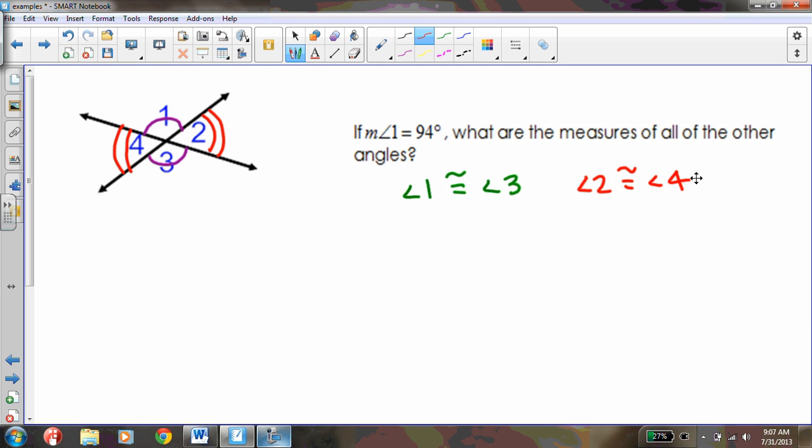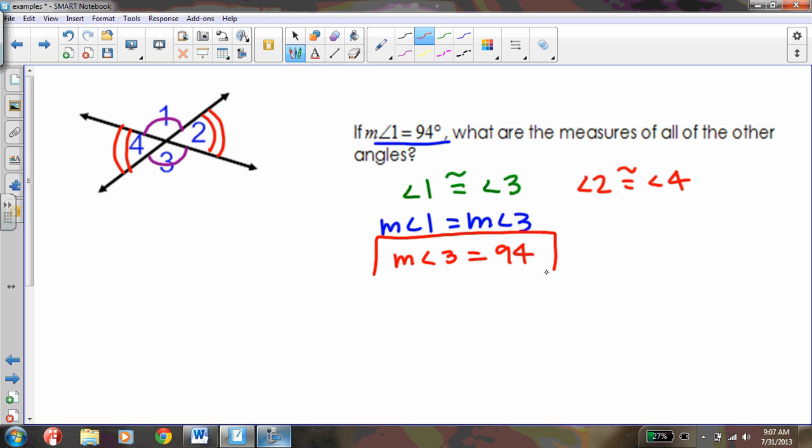So right away, if angle 1 is congruent to angle 3, that means the measure of angle 1 has to be equal to the measure of angle 3. So if I know the measure of angle 1 is 94, then the measure of angle 3 also has to be 94, because angle 1 and angle 3 are vertical angles.